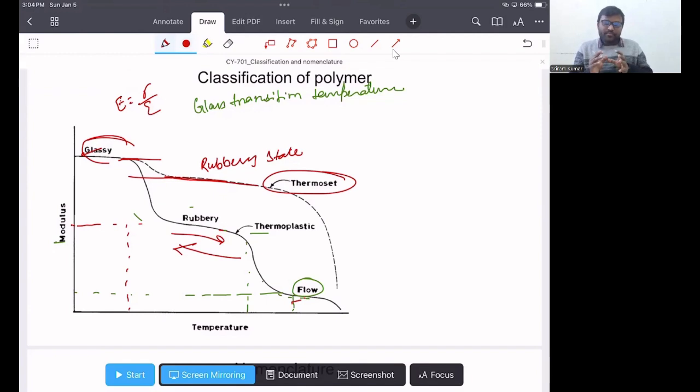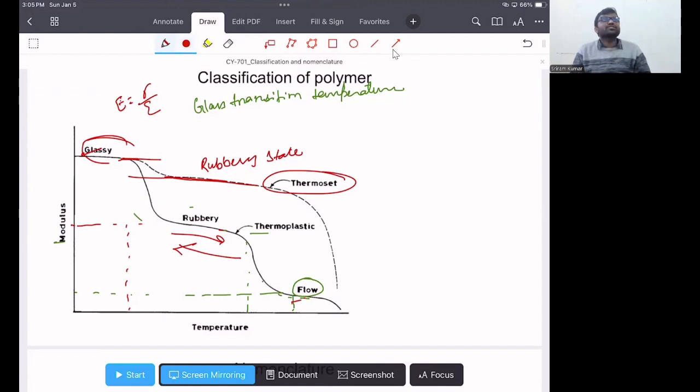If you think about the degree of change of the Young modulus in the thermoplastics and the thermosets, there's a huge difference. In the thermosets, there's a minor change in the modulus. However, in the thermoplastic, there's a huge change from the glassy stage to the rubbery stage.